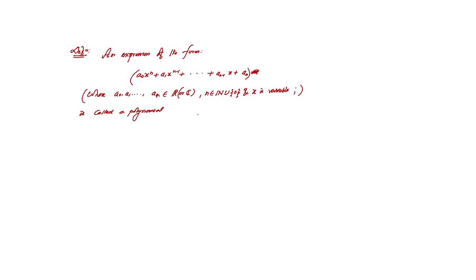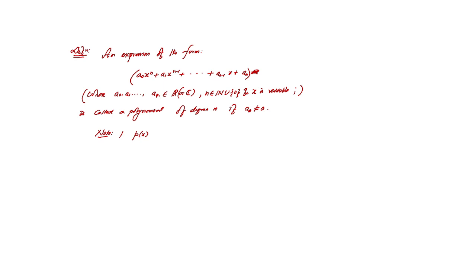of degree n if a0 is basically non-zero. So this expression is called a polynomial. Now there is one important note.